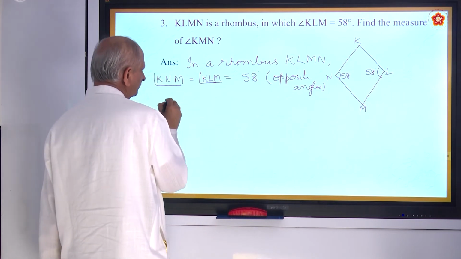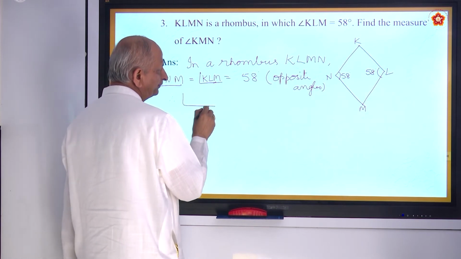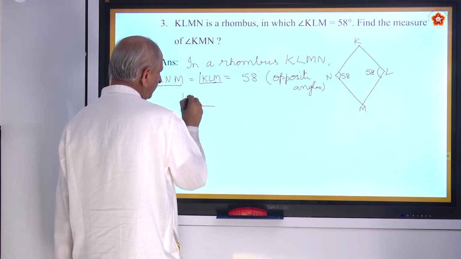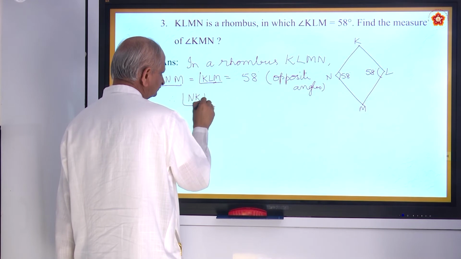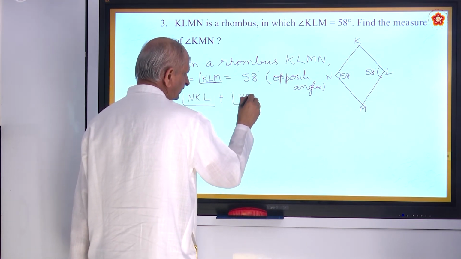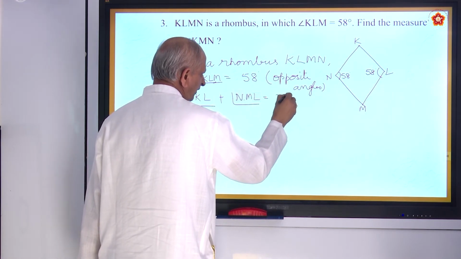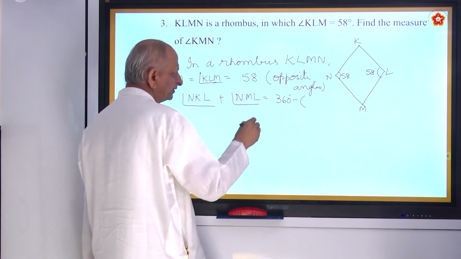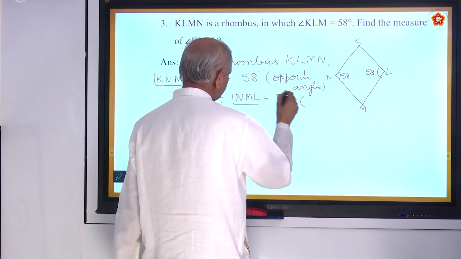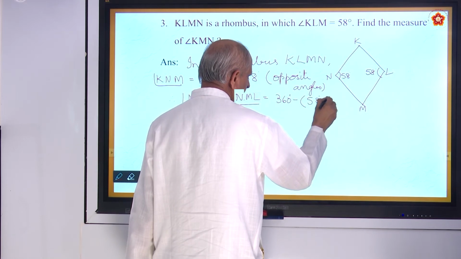Now, therefore, angle NKL plus NML is equal to 360 minus how much? 58 into 2, 58 plus 58.